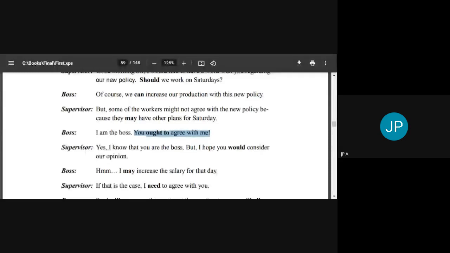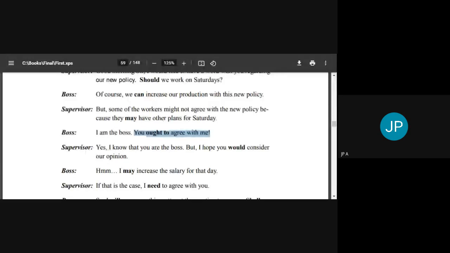Very good. Yes, it is a structure of a request. Very good. Yes, Archana. Krishna. So it is a request. Yes, Rishma. Anjali. Yes. Surya. Yes. It is a request. So I hope you would consider our opinion.